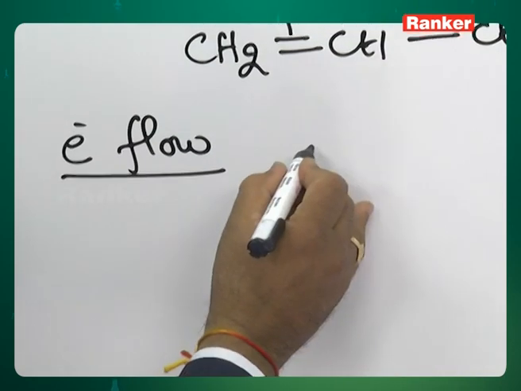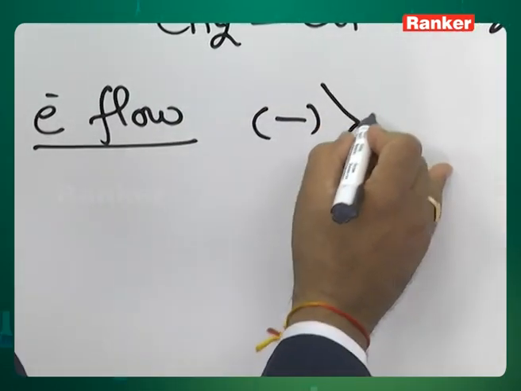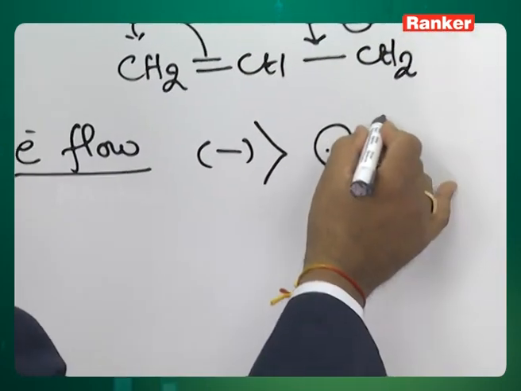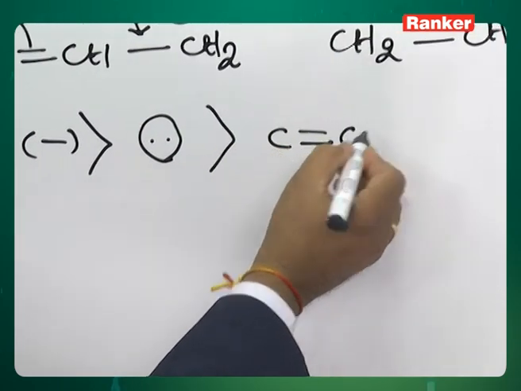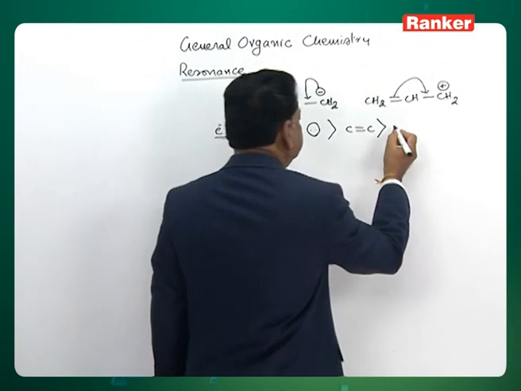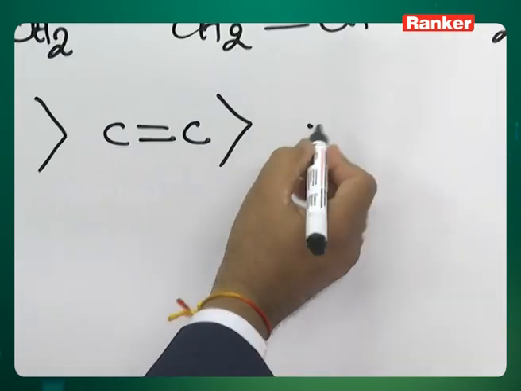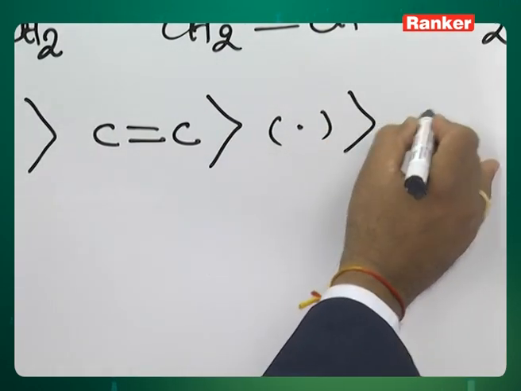In fact, the minus charge is more rich than a non-bonding pair of electrons, than a pi bond, than we can take a free radical, than a positive charge.